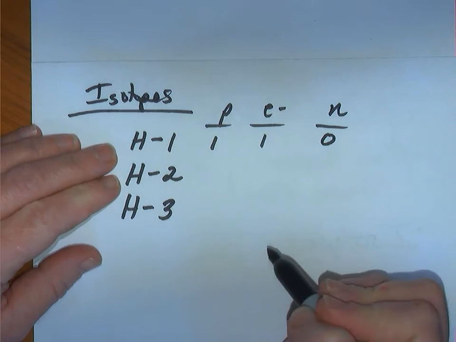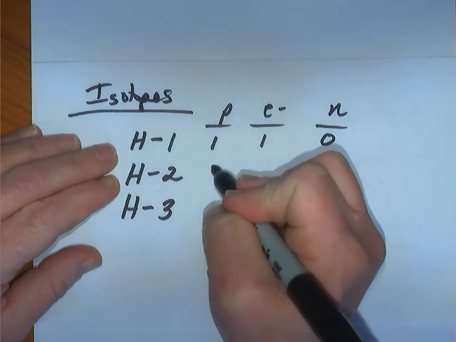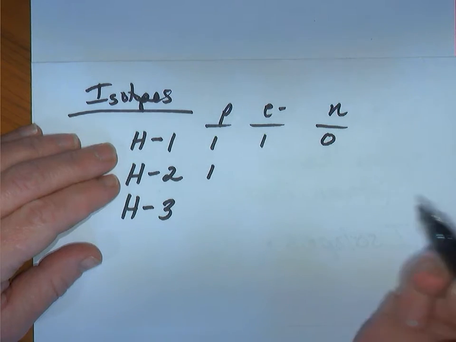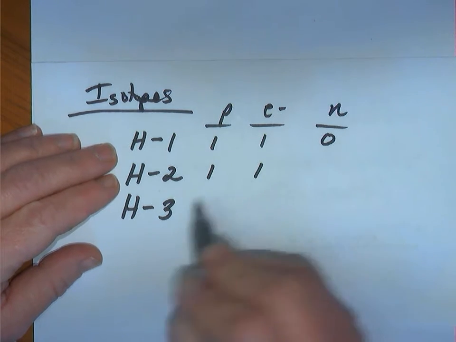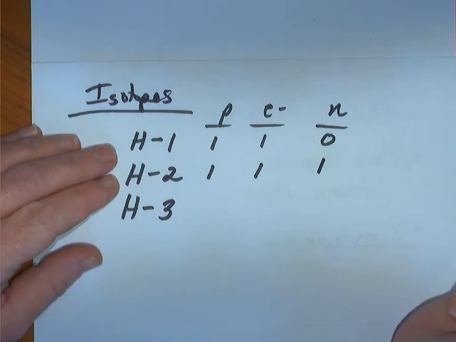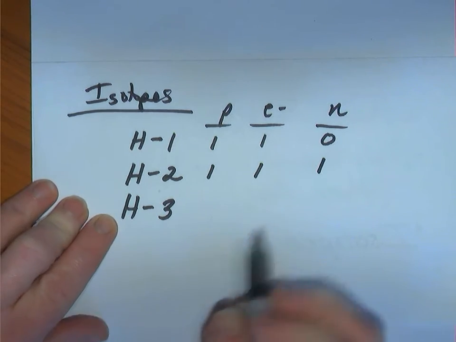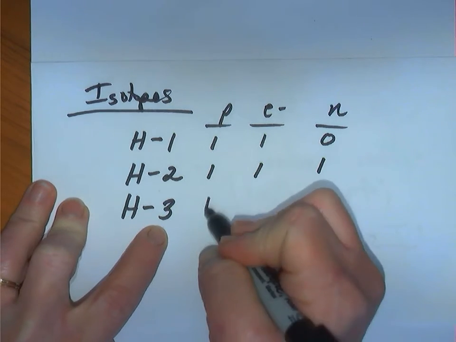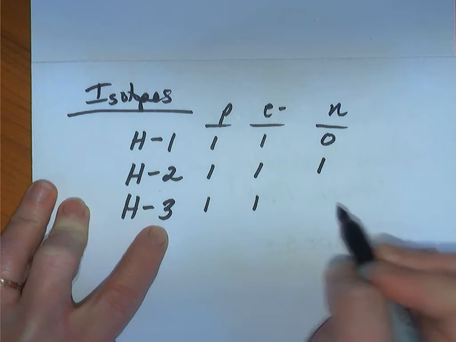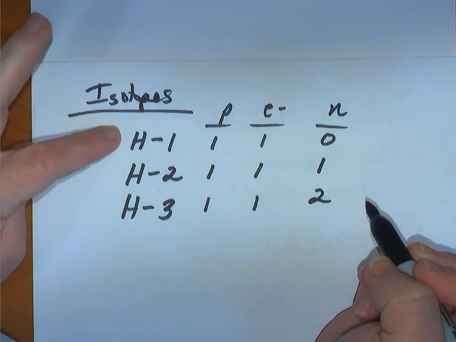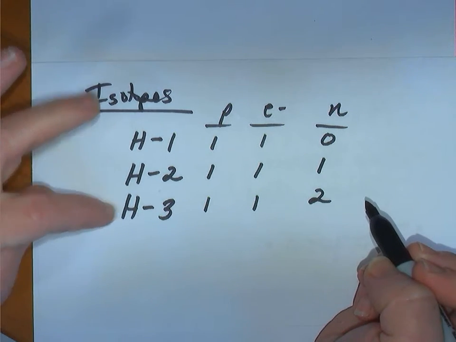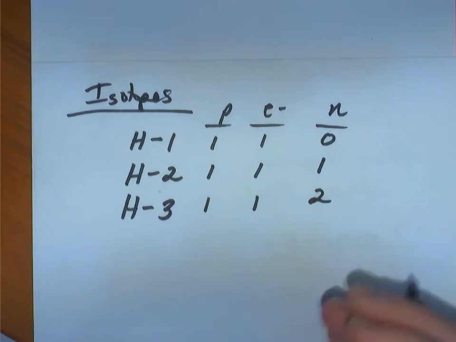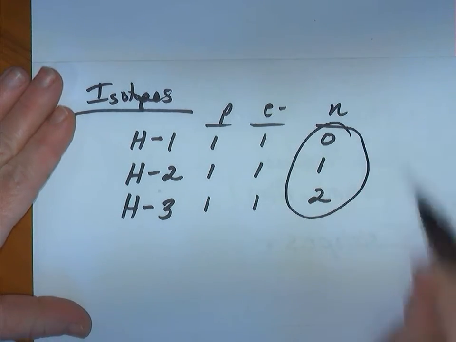Hydrogen 2. Well, to be hydrogen, we must have 1 proton. We're neutral. 2 minus 1 would be 1. And then going along with this version, again, it's hydrogen, so it has to have 1. It's neutral. So how do different versions of the same element differ? It's in their number of neutrons.